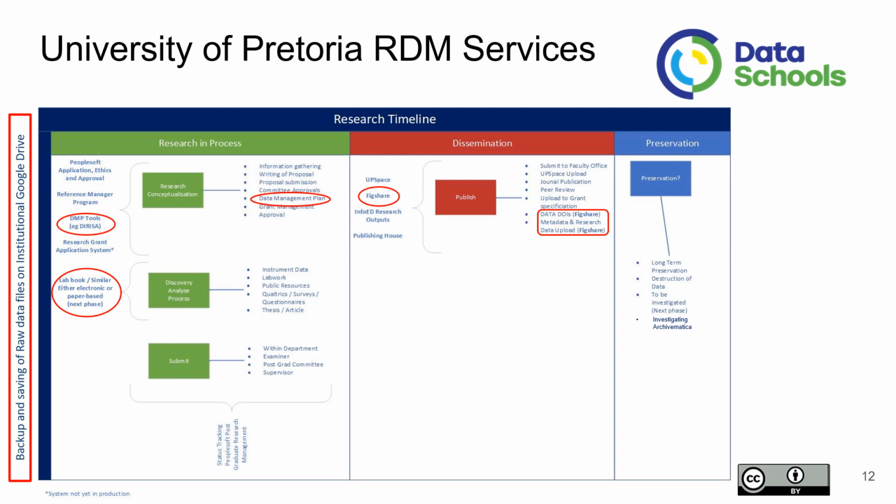We already have a DMP template available for UP researchers and plan to launch our own UP DMP tool in June of this year. In the dissemination stage, we are using Figshare as our research data repository. DOIs and metadata can be added through Figshare. With regard to long-term preservation of data, UP is currently testing Archivematica as a possible solution.